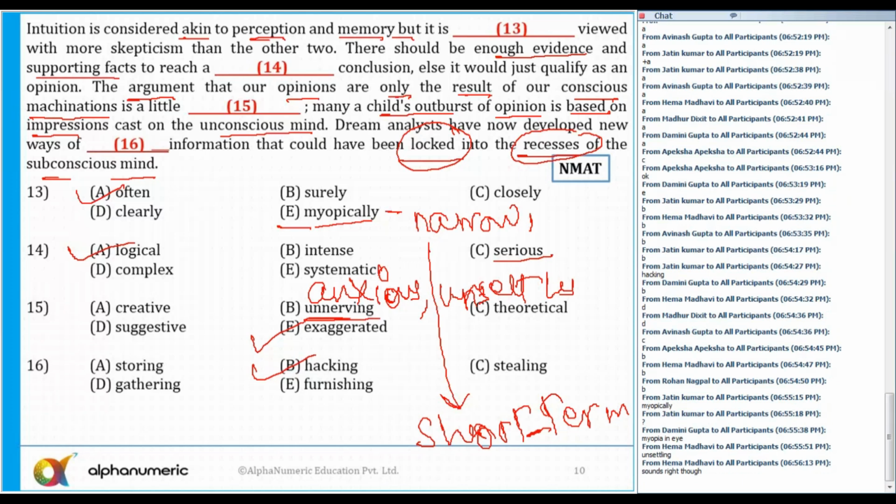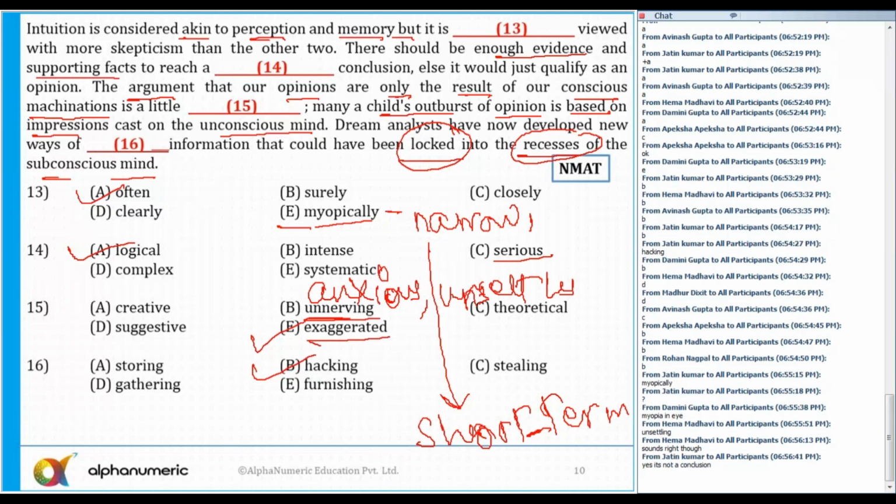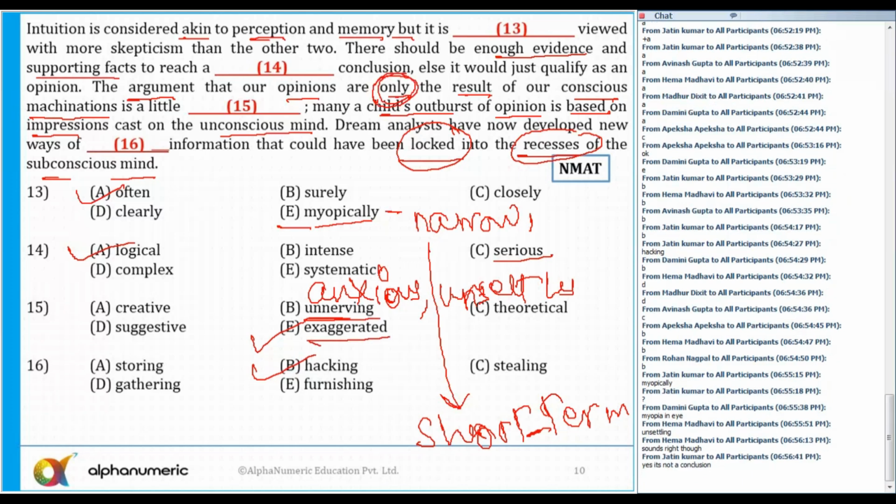You are saying that there's only one. So aren't you exaggerating? You're exaggerating when you say there's only one thing on which your opinions are based. Why? Because I can prove that opinions are also formed from your unconscious mind. That is why.